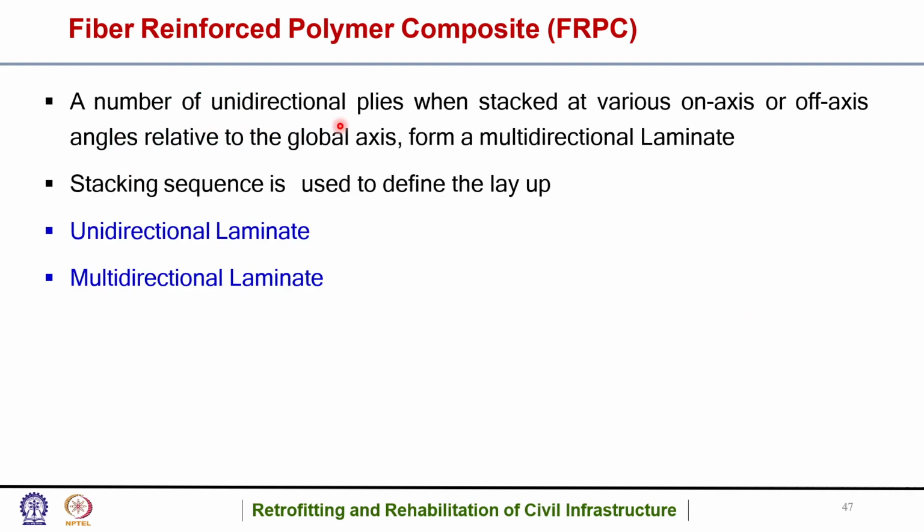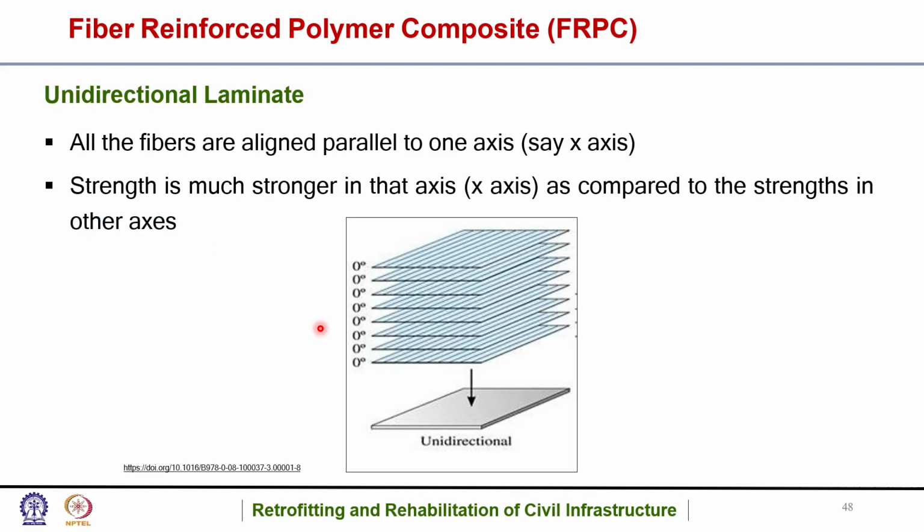A number of unidirectional plies, when stacked at various on-axis or off-axis angles relative to the global axis, form a multidirectional laminate. The stacking sequence is used to define the layup, and they can be unidirectional laminate as well as multidirectional laminate. Let us go through each of them.